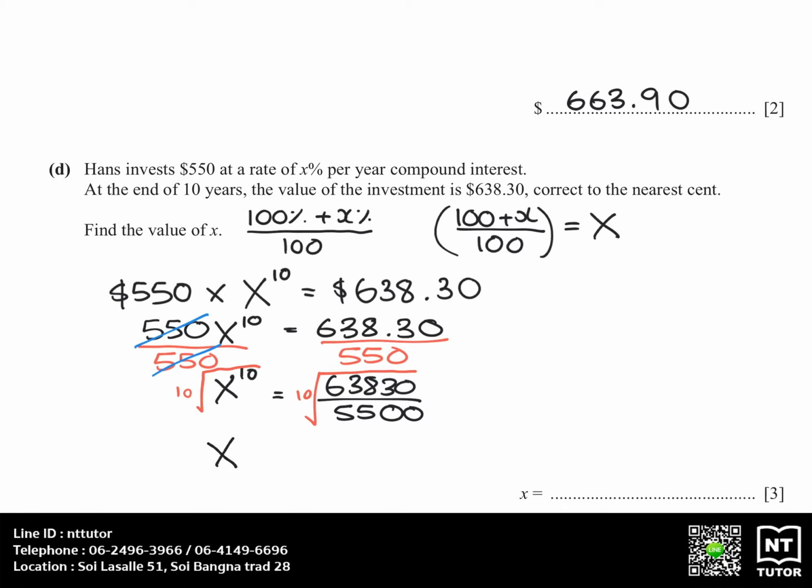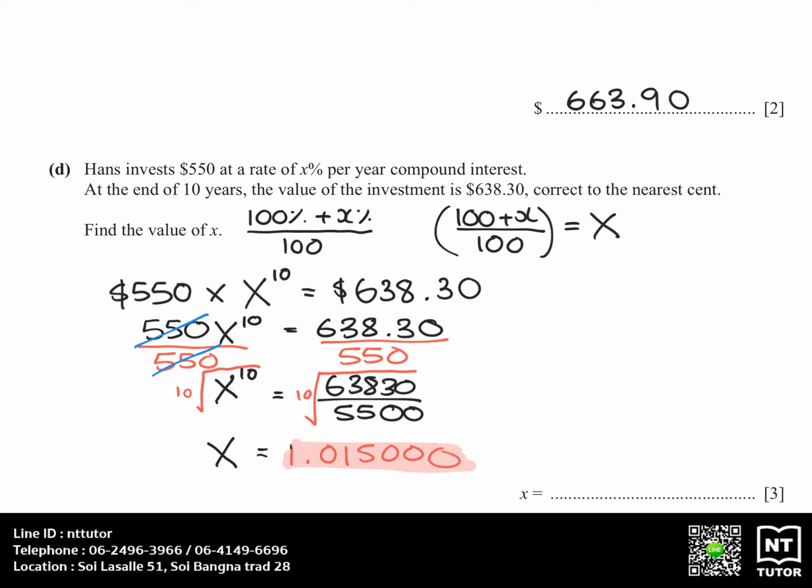So we have big X equals the 10th root of this value, and it equals 1.015000. By now, you should realize that in order to increase 550 by X%, we're multiplying it by this much.